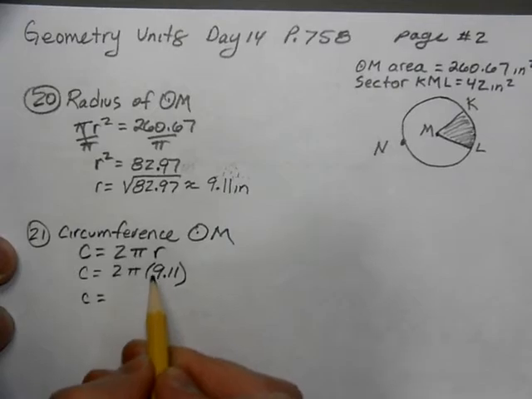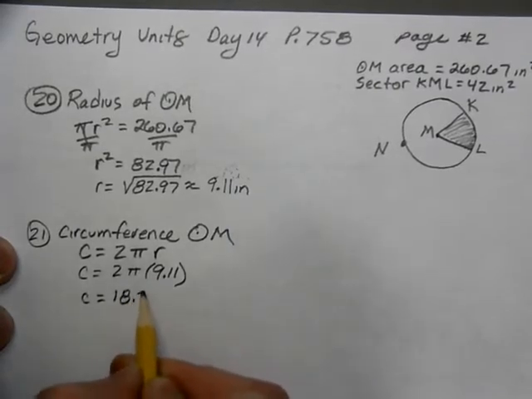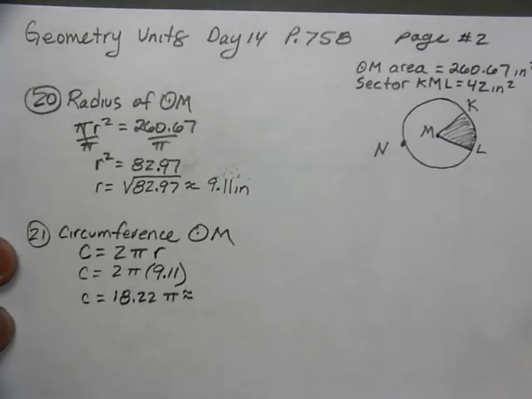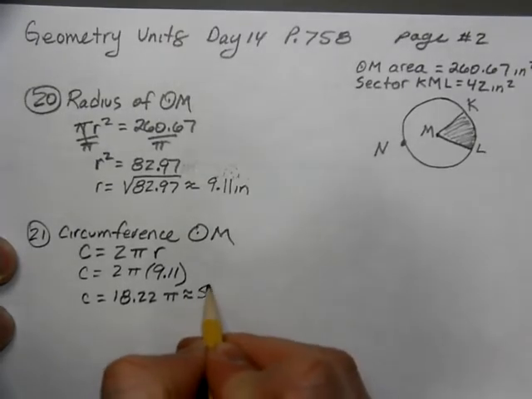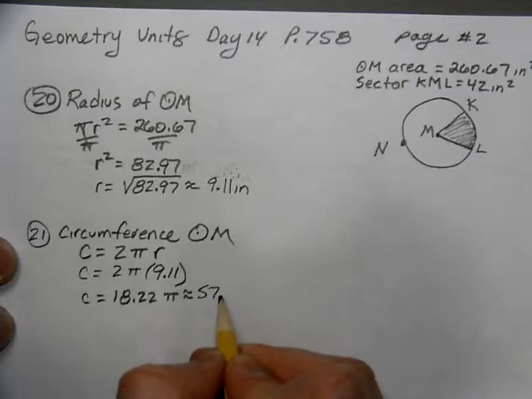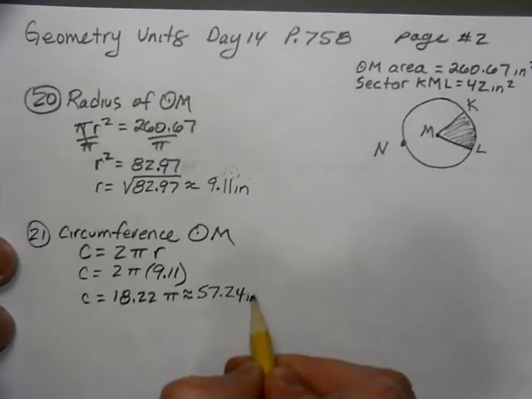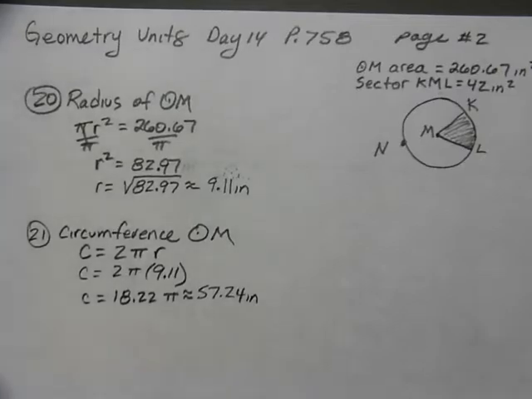So C is going to equal 2 times 9.11 pi. And that's going to be approximately 57.24. Circumference is a length, so that would also be inches.